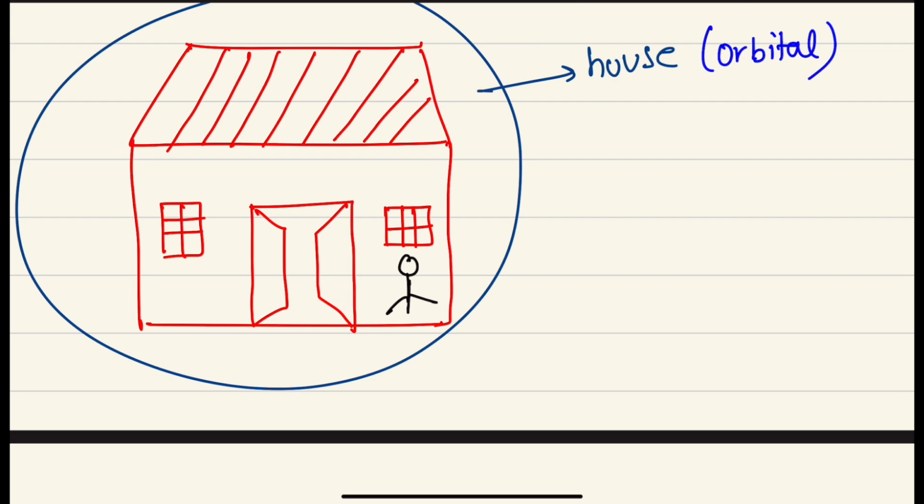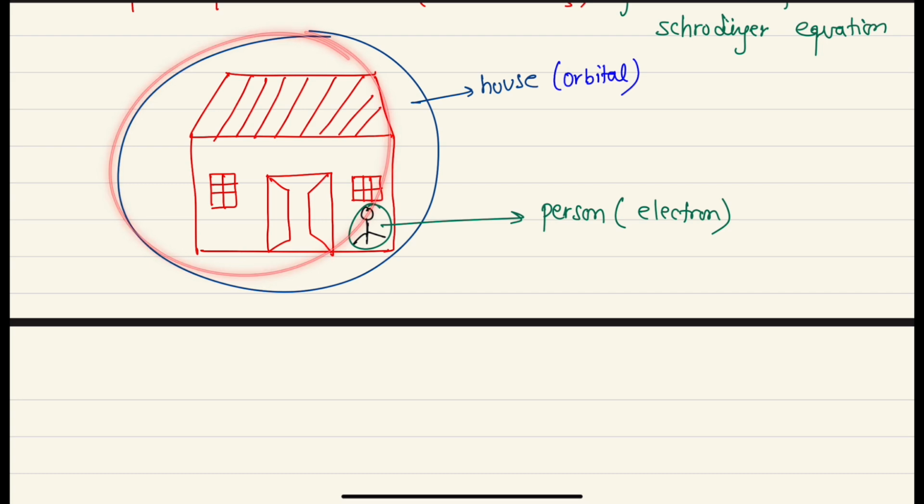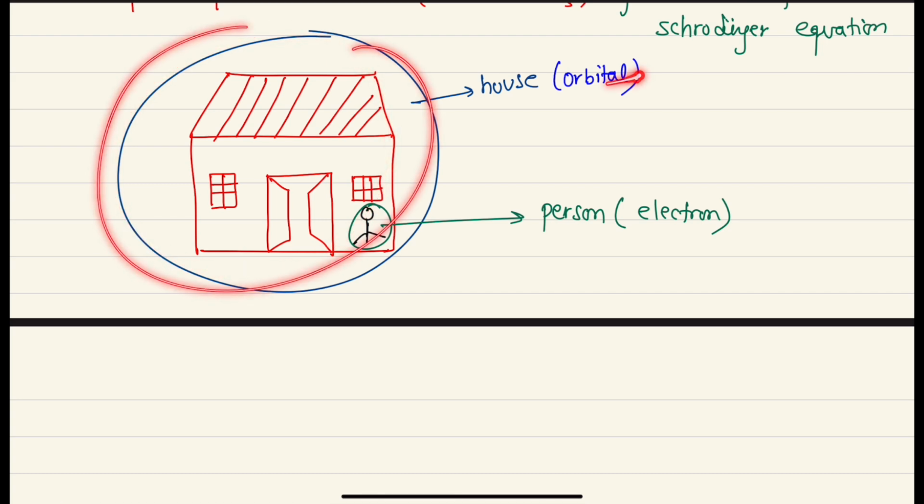Now imagine this person as an electron. Try to imagine, okay? You have a house, and this house is acting as an orbital, that is an atomic orbital. Orbital means atomic orbital, simple.